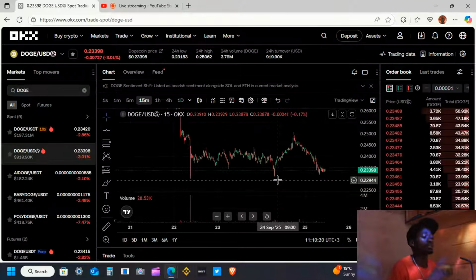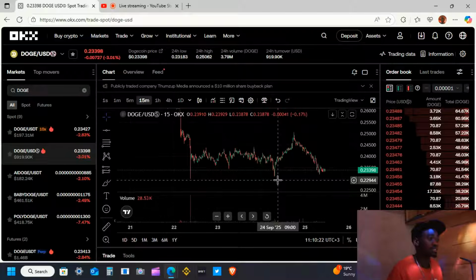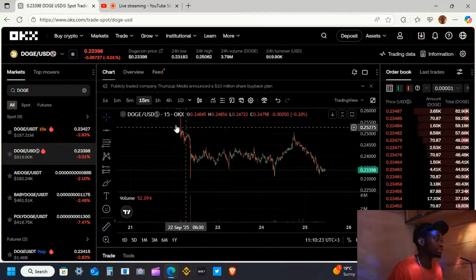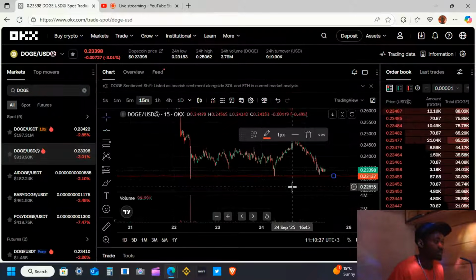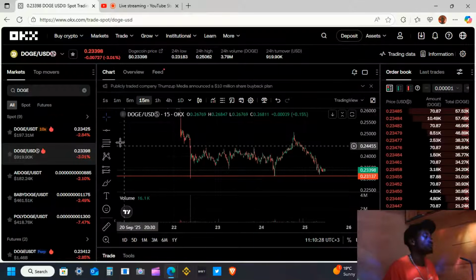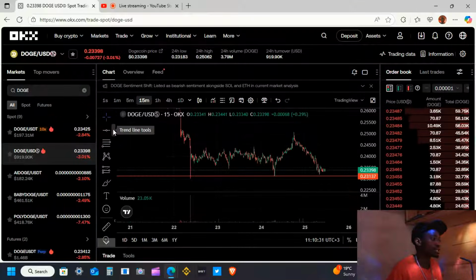So you can just use BTC to analyze any chart. When BTC bounces back, the market bounces up, and all coins probably go up.